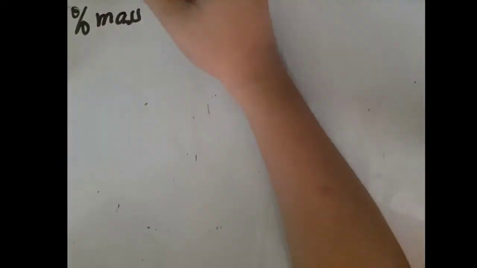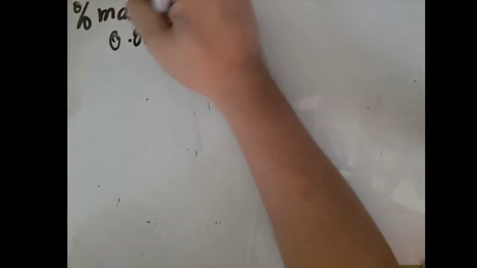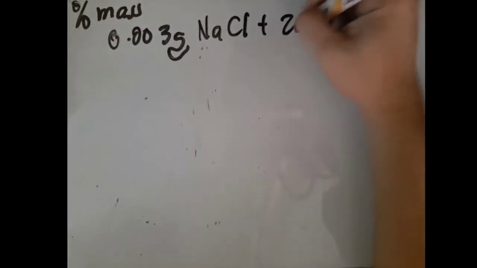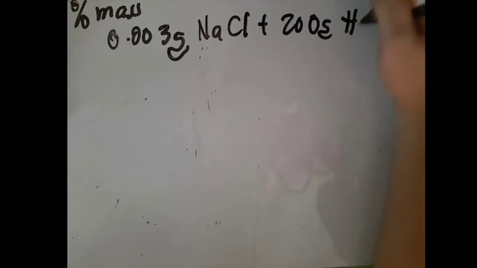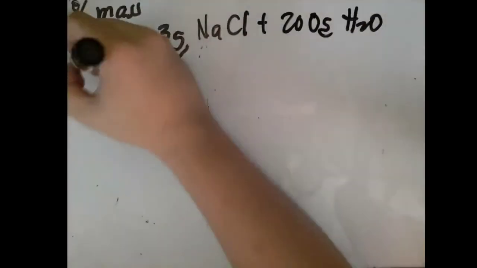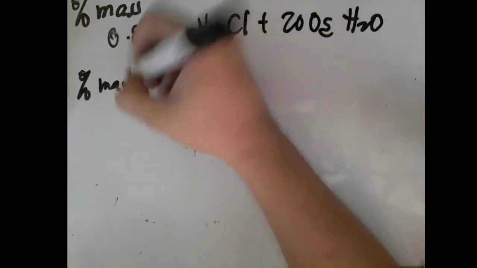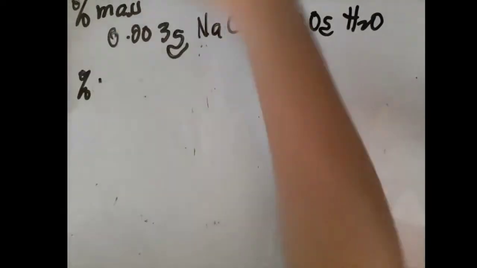Let's have a percent mass of a solute. Let's say we have 0.003 grams of sodium chloride, which is dissolved in 200 grams of water. Okay, so by its nature, percent mass is equal to percent NaCl by mass.